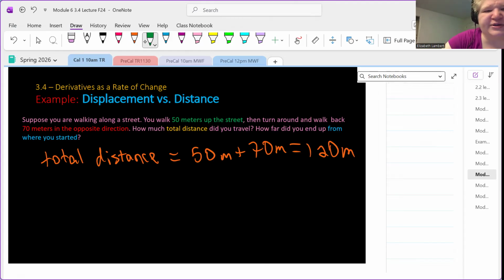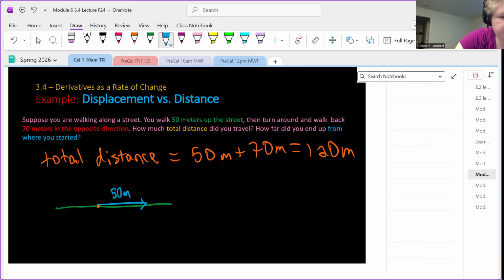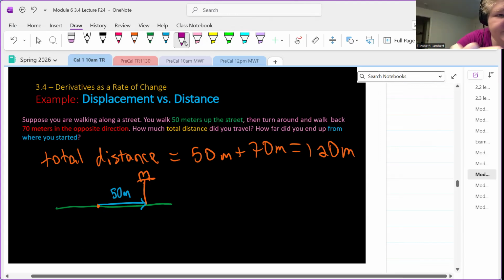So let's actually draw the picture. All right, so we're starting. We're going to go 50 meters over to our golden arches. And then we turn around and walk in the opposite direction.